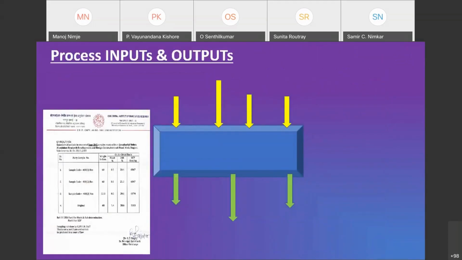So, based on our lab scale and bench scale study, I am summarizing the inputs and outputs of the process, as shown in this diagram.